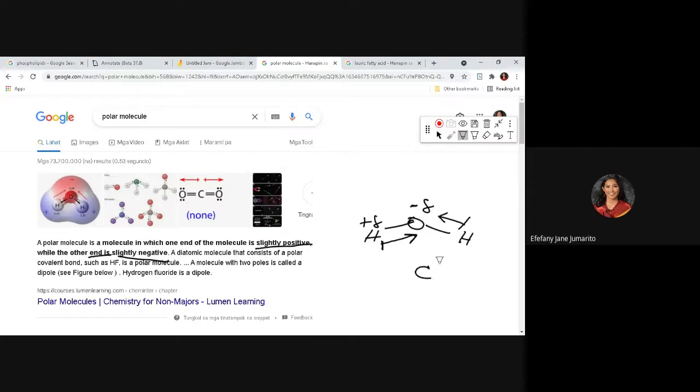Another that makes a polar molecule is your Cl. If we have HCl, Cl is very electronegative.